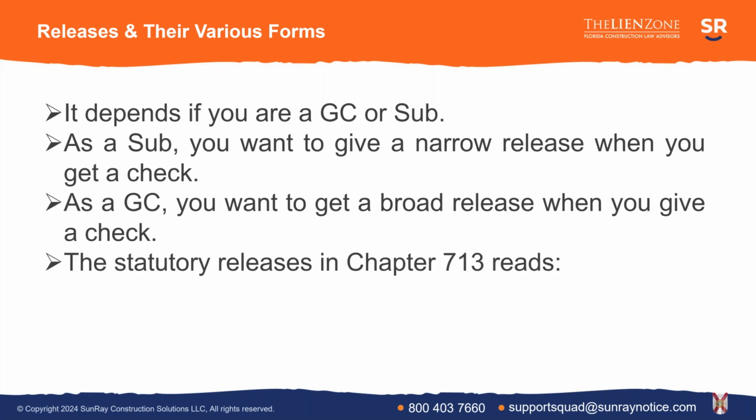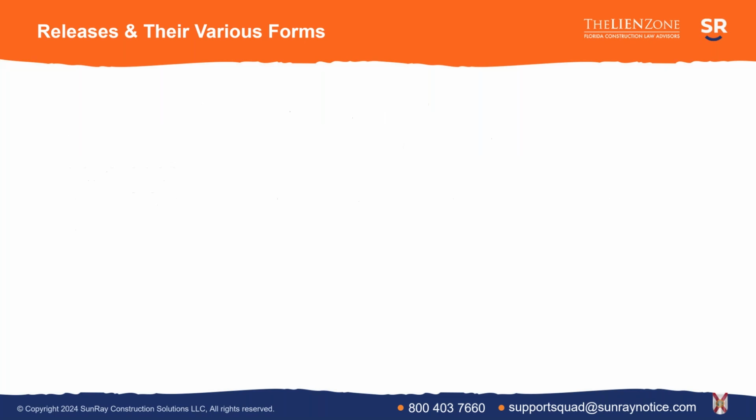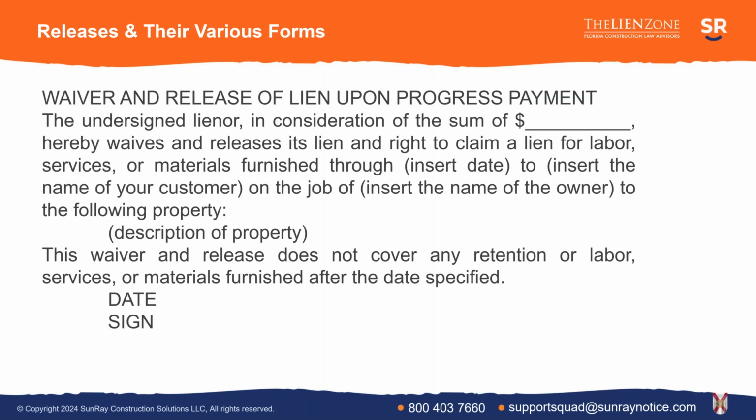So let's start by looking at the Florida statutory release forms, which are found in Chapter 713 of Florida statutes. These are kind of the baseline releases that most people talk about and we see quite frequently. Okay, so this release on your screen is the waiver and release of lien upon progress payment found in Chapter 713.20.